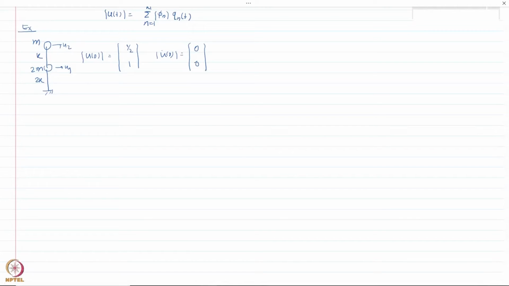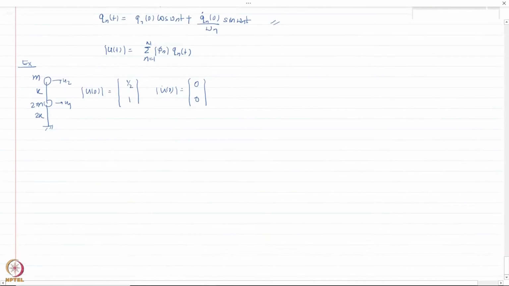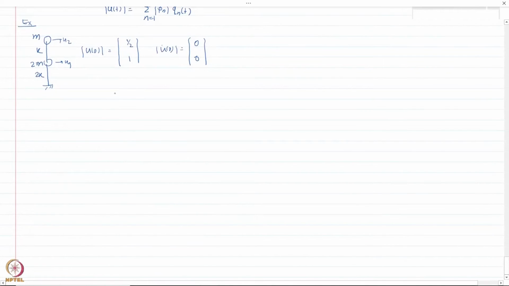The u of t value. To do that, first I need to find out these factors q1 of t and then q2 of t. Let us see how we get that. Basically q1 of 0 would be nothing but phi1 transpose mass times u0 divided by m1, which let me write as phi1 transpose mass phi1 here.